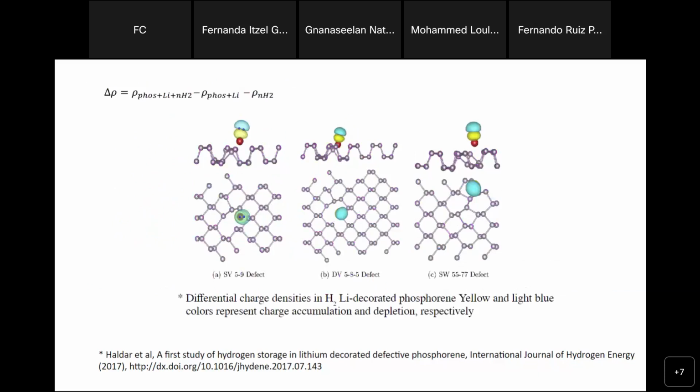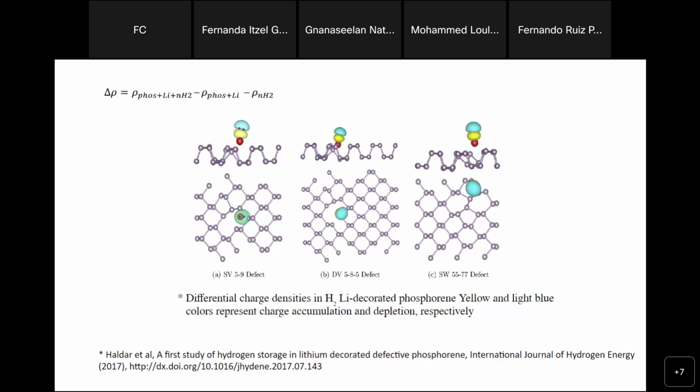In order to understand the underlying mechanisms of the adsorption of hydrogen, we study the charge density of the system by calculating the differential charge densities. Such differential charge densities are obtained from the total charge density of the system, from which we subtract the charge density of the lithium-decorated defective phosphorene and the charge density of the hydrogen molecules.